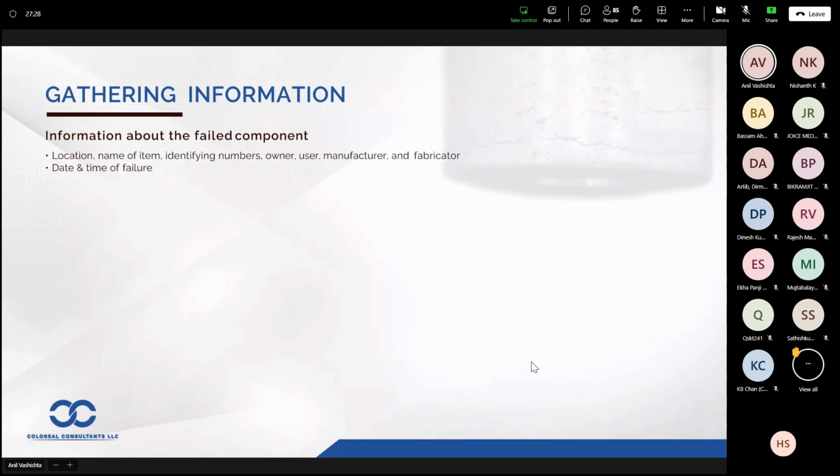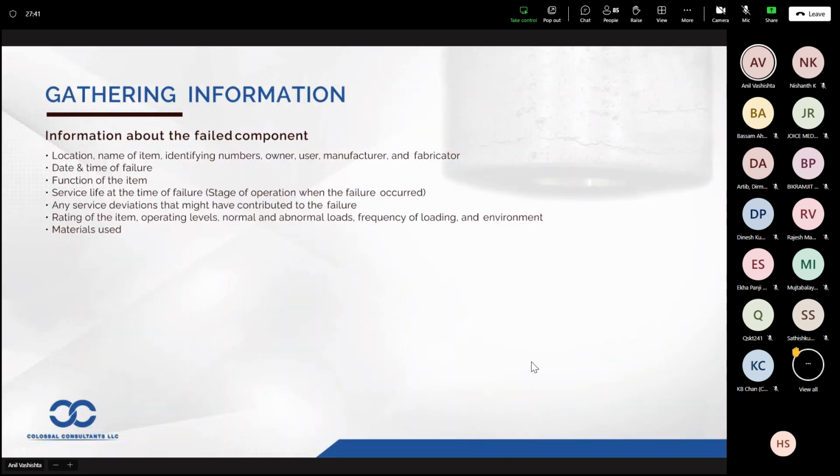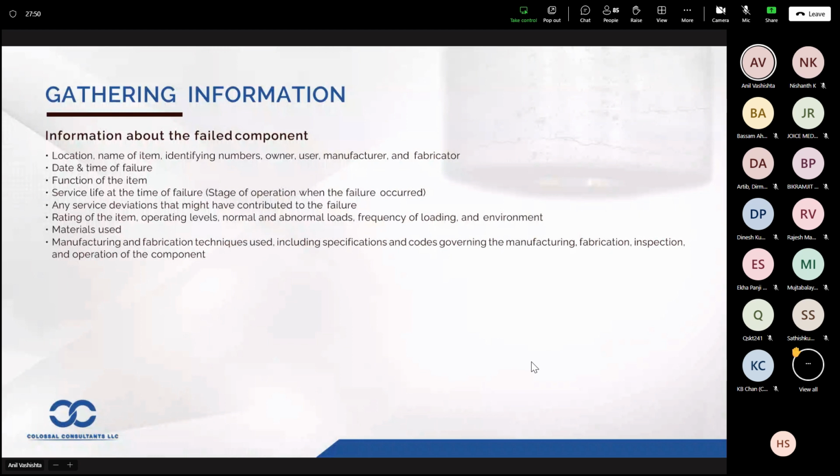Information about the failed component, all of this has to be taken note of: location, date and time of failure, function of the item, service life at the time of failure, any deviations, rating, frequency of loading, and any abnormal or normal loading cycles, what material was used, what was the manufacturing standard or specification to which the component was made or fabricated, whether it was operating at normal stresses, temperature, pressure, speeds.